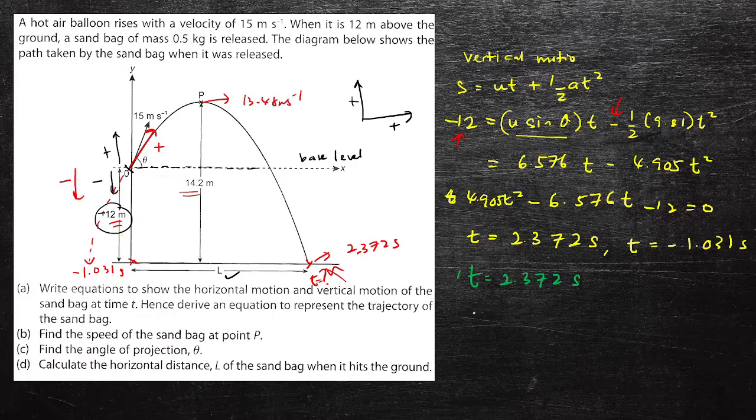L equals to 15 cos 26 degrees times 2.372, that is equals to 31.98 meter. So the whole thing over here is 31.98 meter.